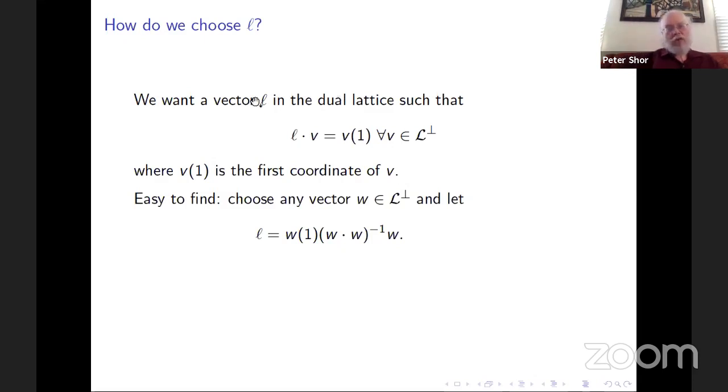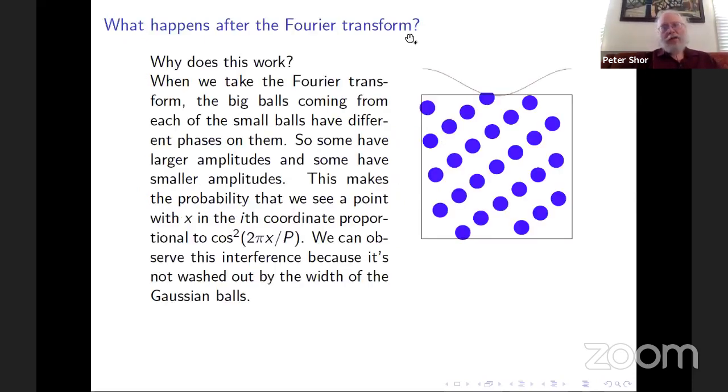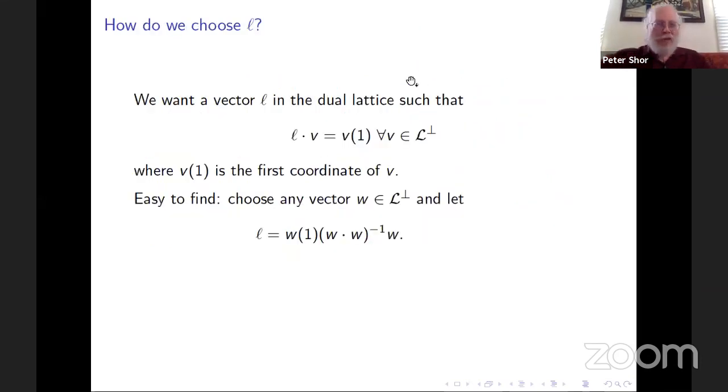If we choose the vector L this way, we will get exactly one cosine curve, or the probability of seeing a given lattice vector is proportional to this cosine curve, and then we can actually observe this interference. And this vector L is easy to find.